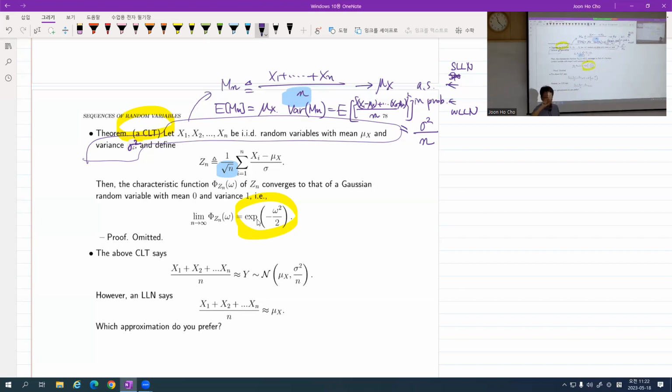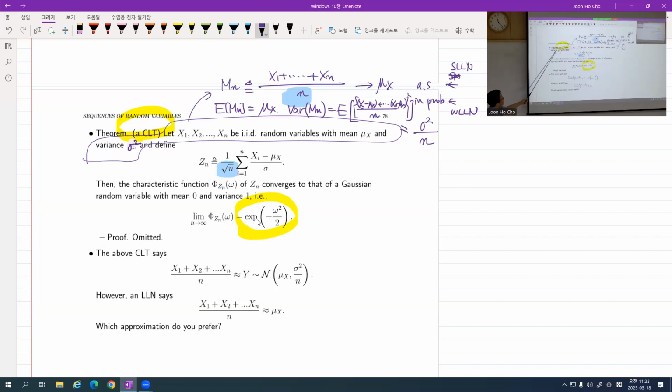If the variance is still finite for sufficiently large n and does not converge to 0, it does not make sense, right? So division by n makes sense because the variance goes to 0. Variance going to 0 does not imply the strong law, but actually this is used to prove the weak law of large numbers. And probably you will see it in the next homework, which I'm going to make probably after today's class meeting.